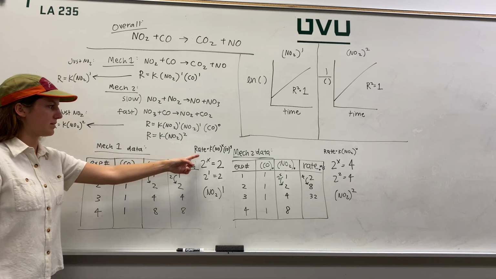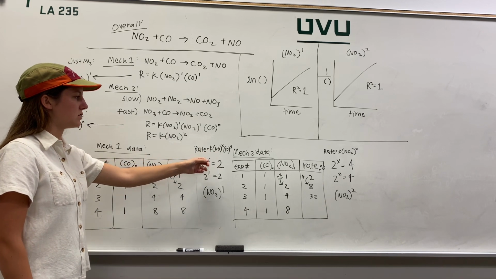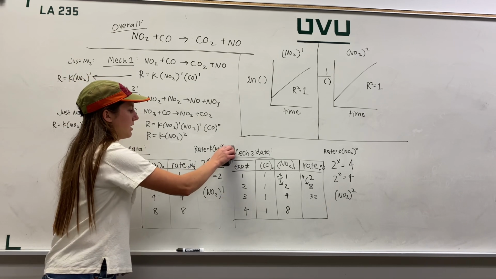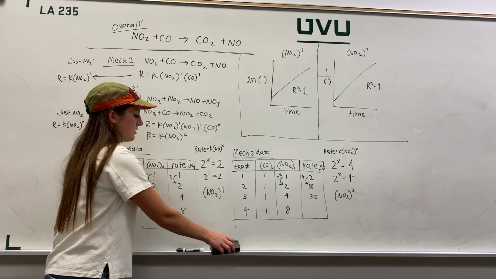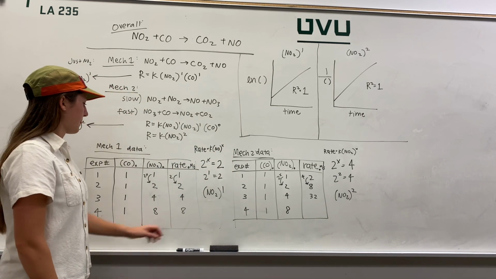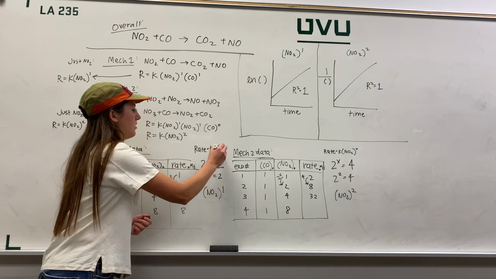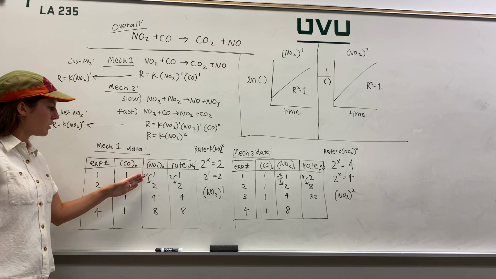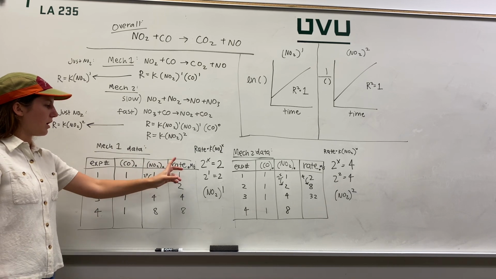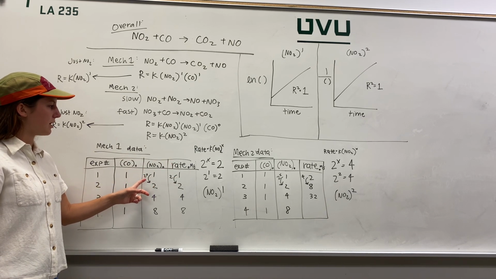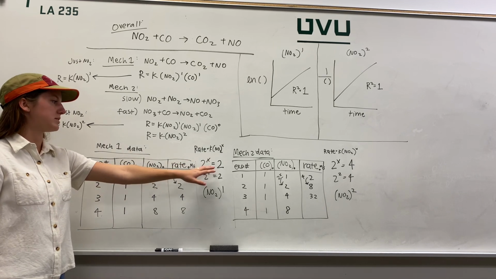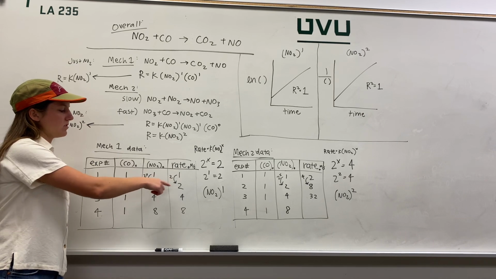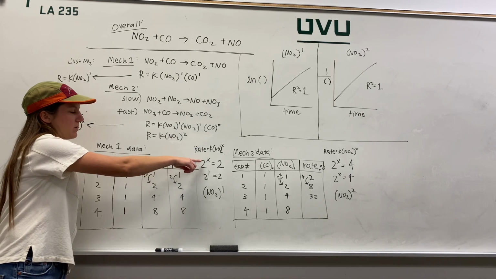We know the rate equals the K constant times the concentration of NO2 to some exponent, and we're ignoring the CO because we're just going to compare the nitrogen dioxides. So we have this doubled and this also doubled, so we have 2 to some exponent equals 2.